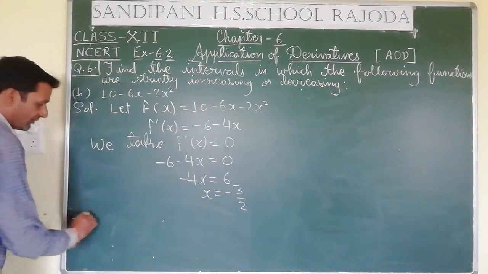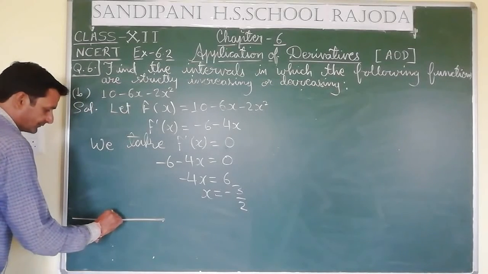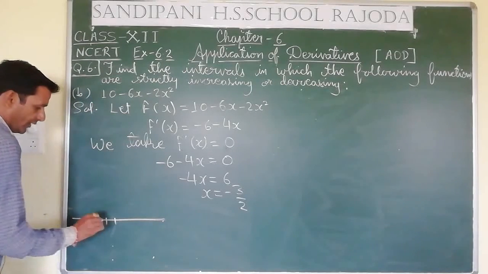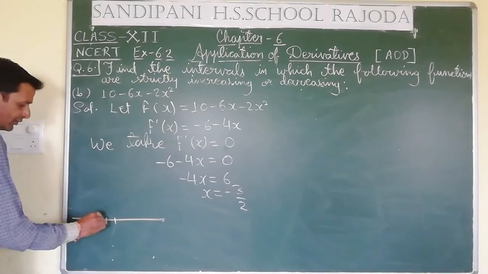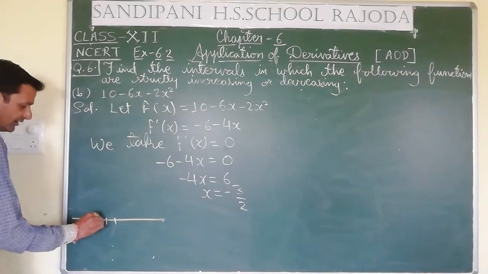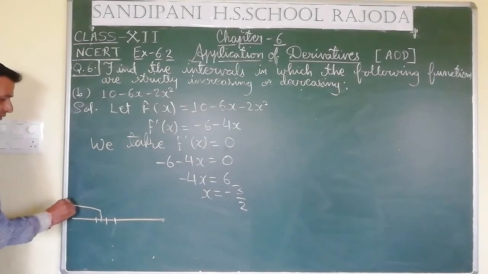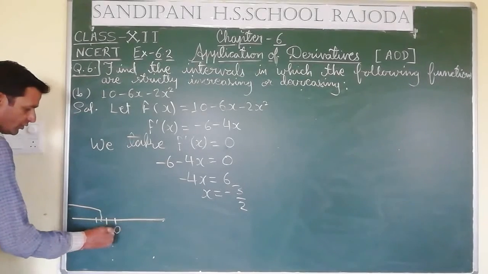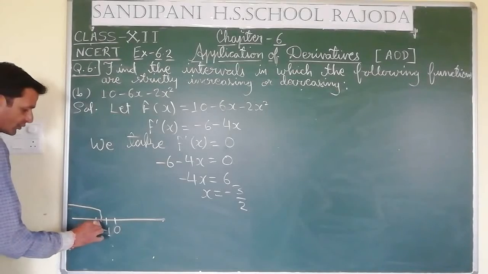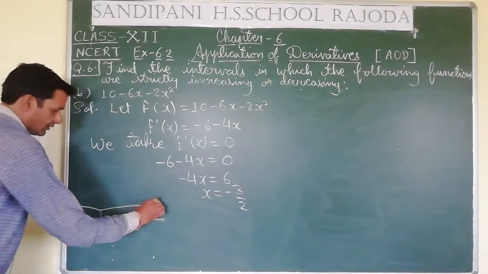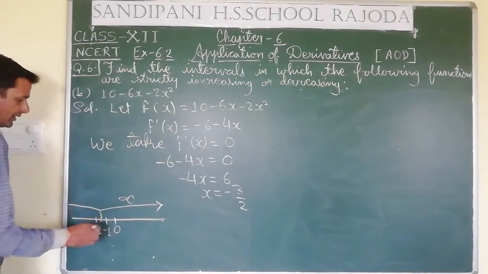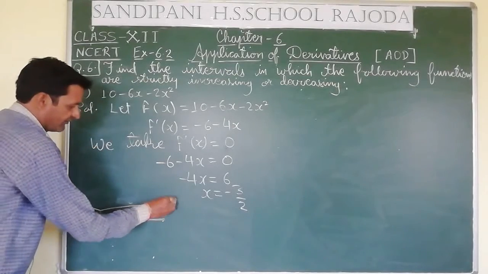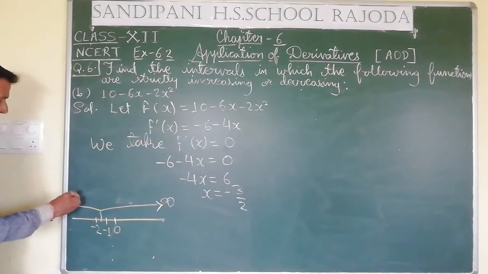So here what will it become? See, 0, 1. Minus 3 by 2 is here in between. Here it is minus 3 by 2, then 0, minus 1, minus 2. It will be plus infinity on one side and minus infinity on the other.